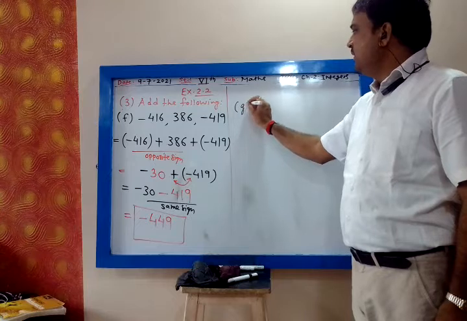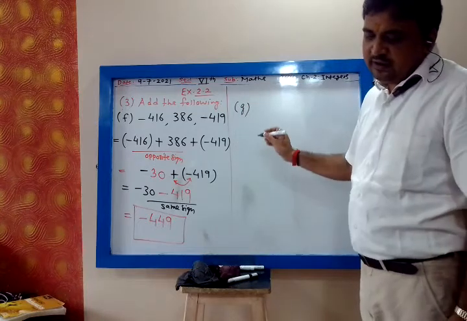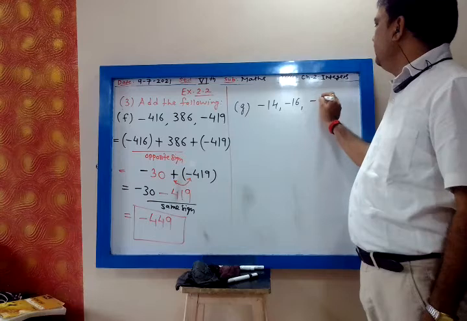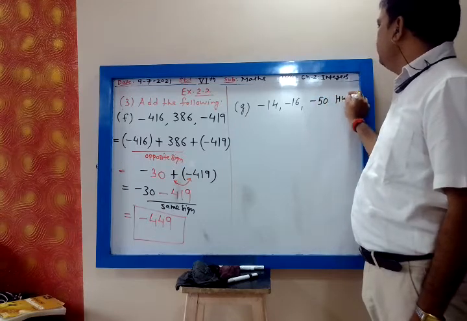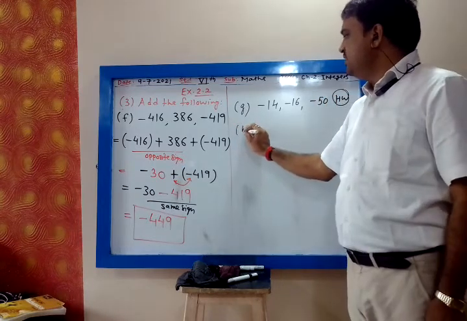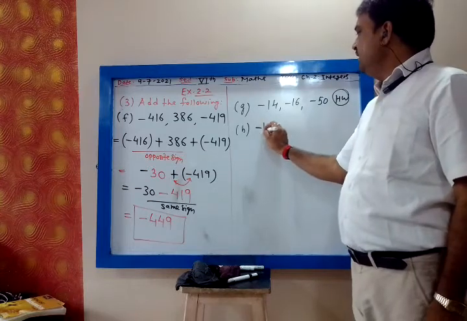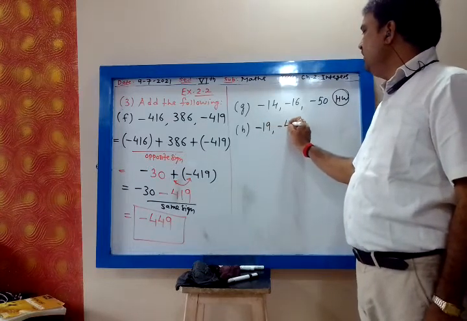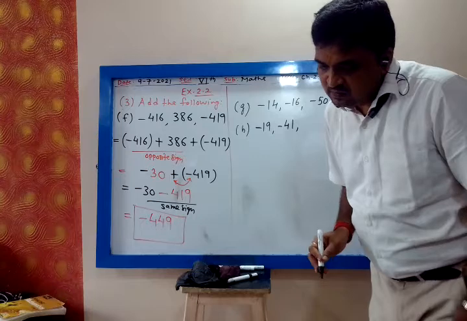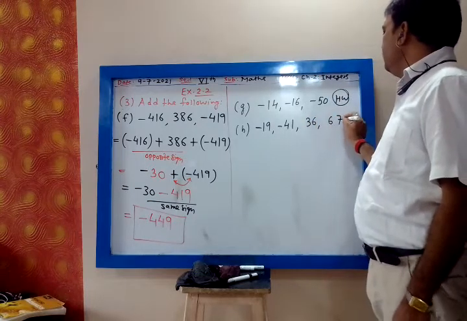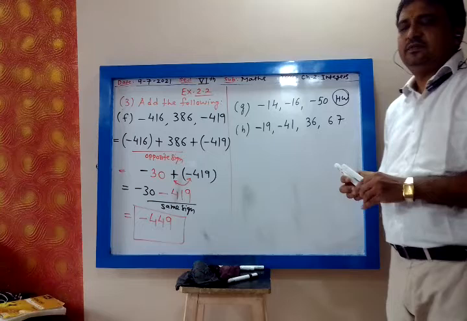Now G is minus 14, minus 16 and minus 15. This I am giving as homework. G part. Okay. Then H is minus 19, minus 41, 36 and 67. There are 4 numbers, so this I will do.